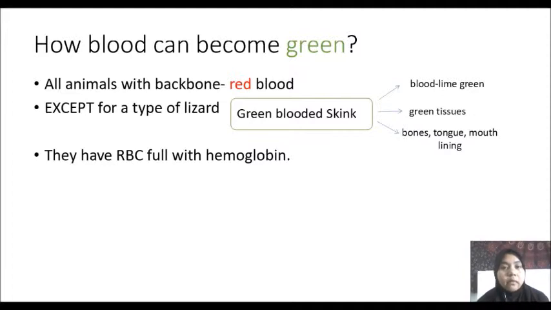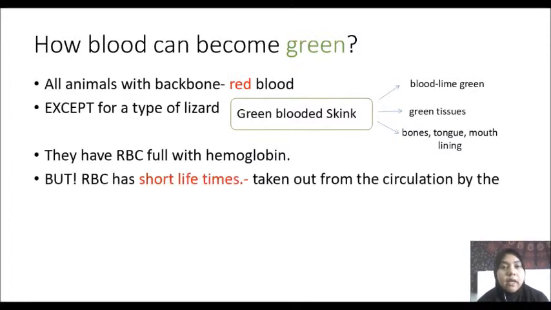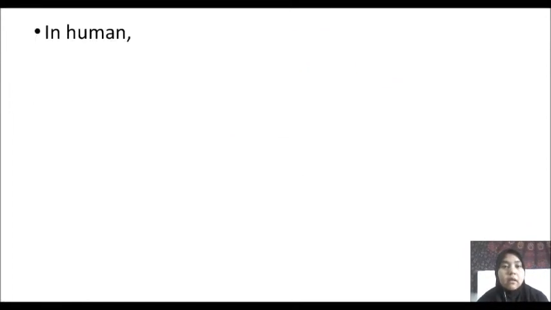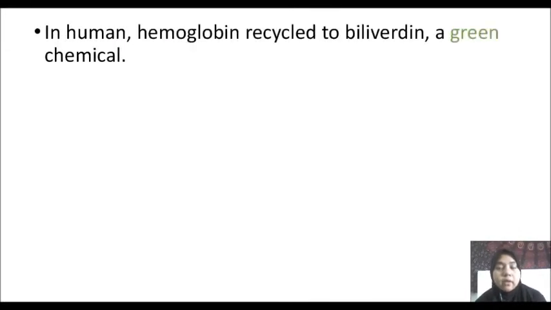But generally in animals, red blood cells have short lifetimes and will be taken out from the circulation by the liver. When the cells are trashed, the hemoglobin will be recycled. This situation is very different in humans and skinks. In humans, the hemoglobin is recycled to biliverdin, a green chemical.